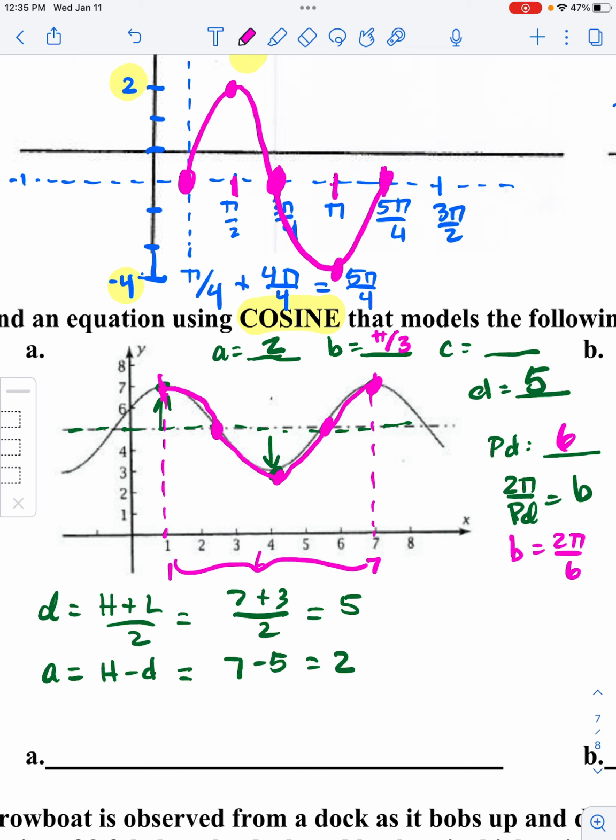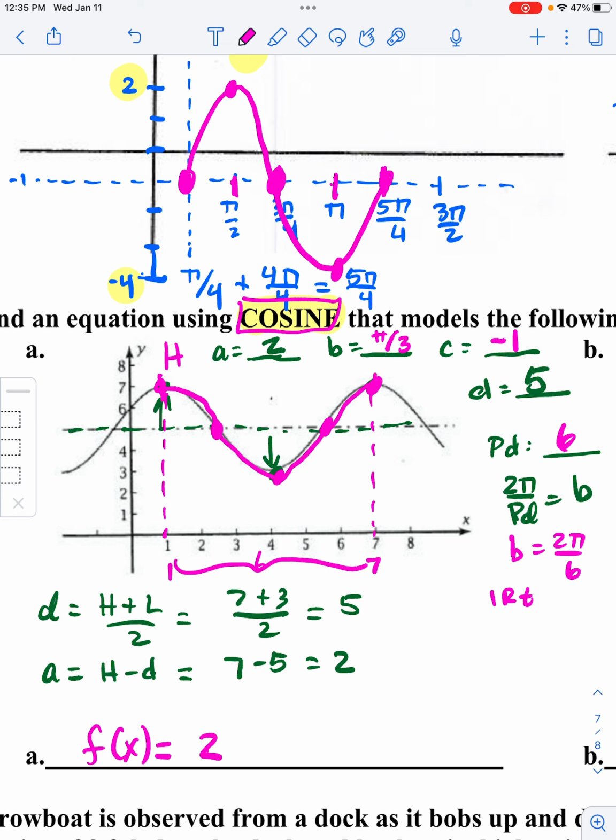And then your shift. This is the first high. I'm supposed to do a cosine graph. That is 1 to the right. So that's going to make my C value a -1. And now you're just literally writing them together. You're going to go, okay, my function is, and then my A value is 2.